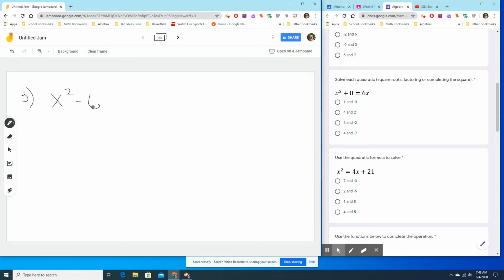And negative 6x, and then plus 8 equals 0. Okay. And this is factorable as well. And this could be 4 and 2. So we're going to go with negative 4 and a negative 2.